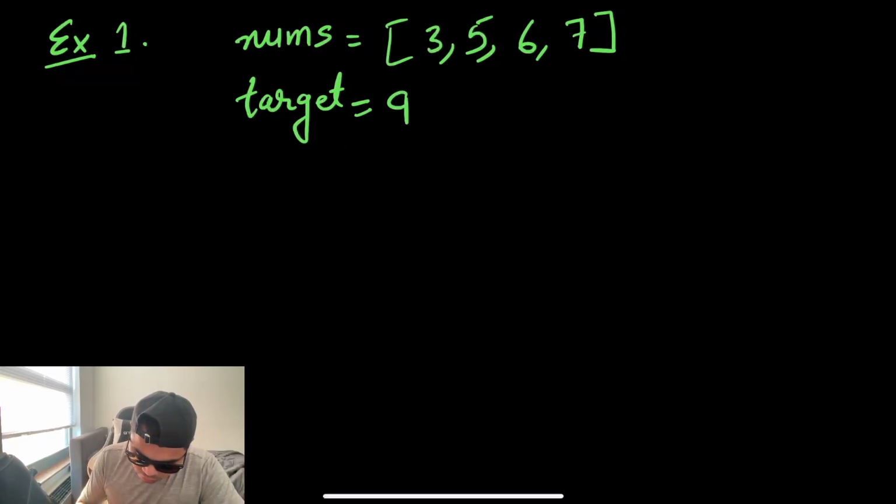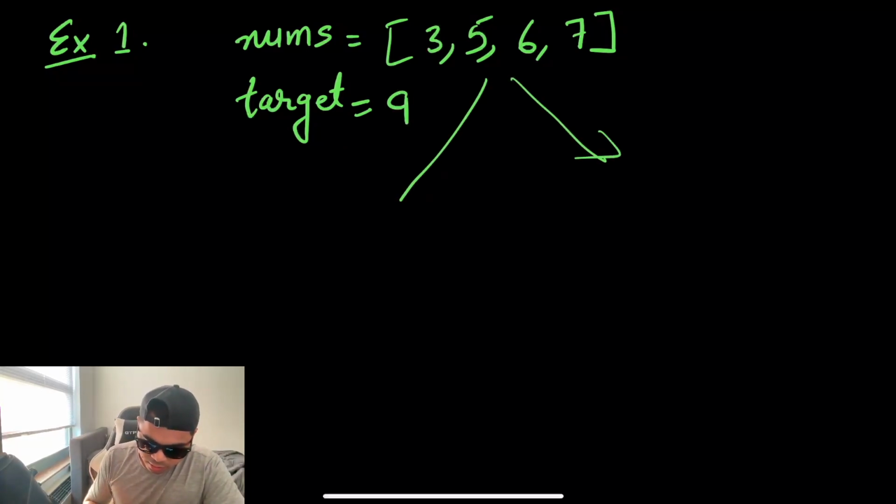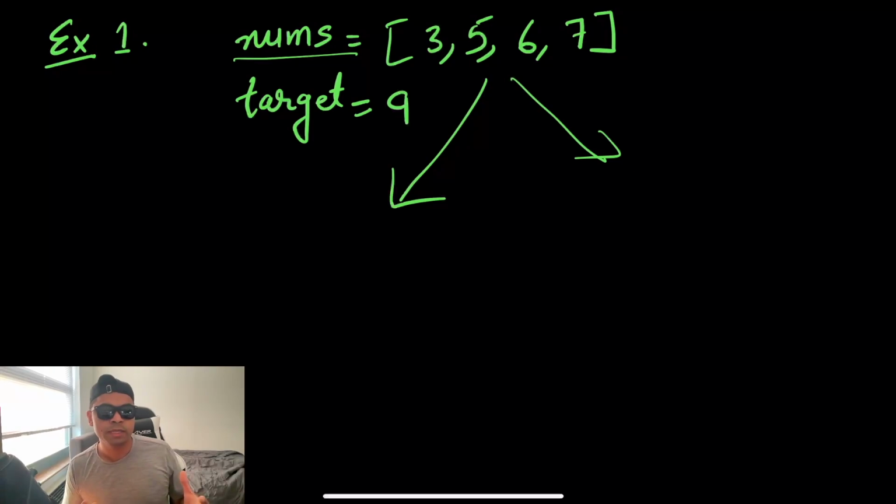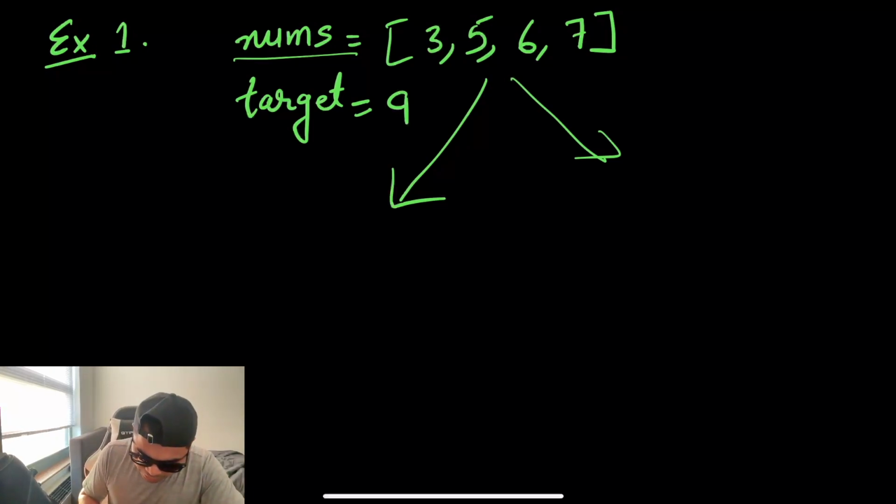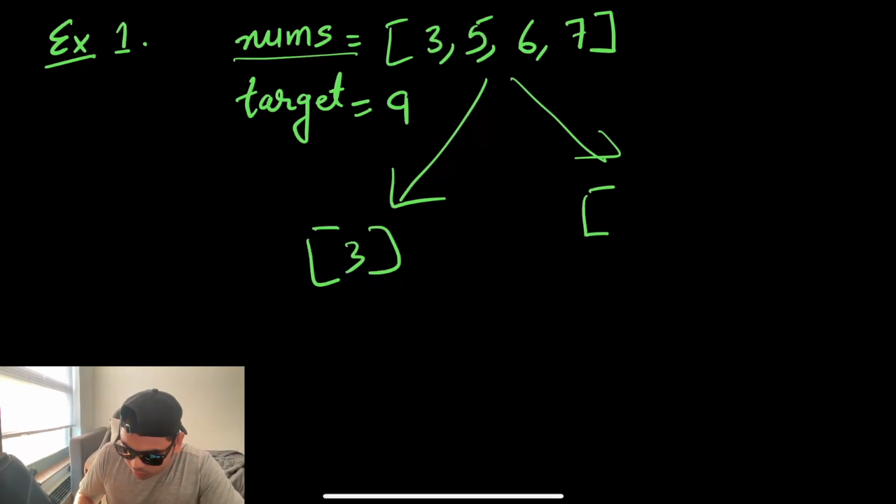Choosing subsequences from this array nums, what I mean is I either have a choice to choose a value or I don't. So let's say here I choose the value 3 as my first choice, and for the second I don't.